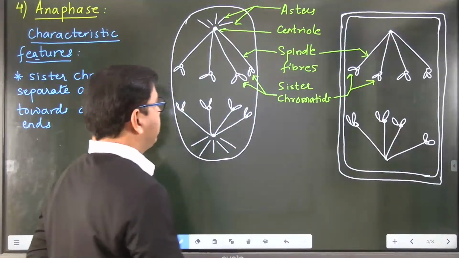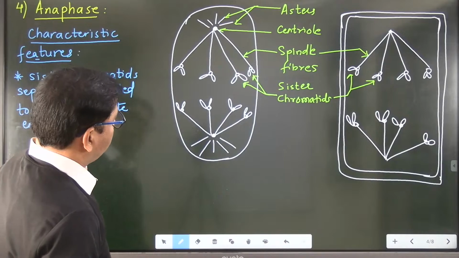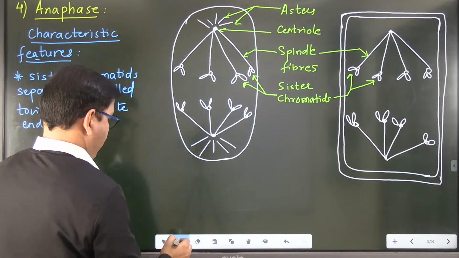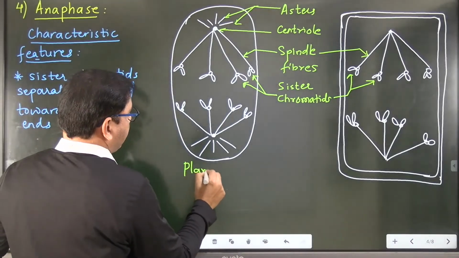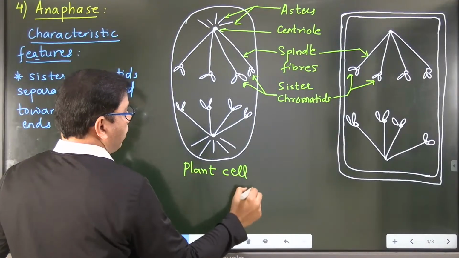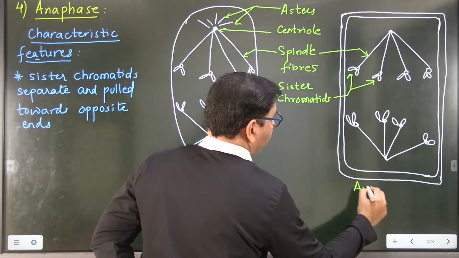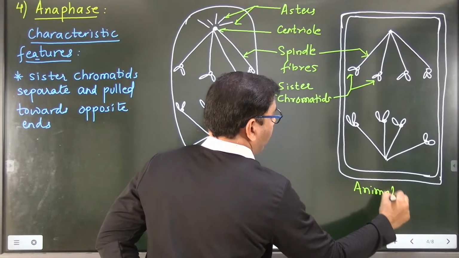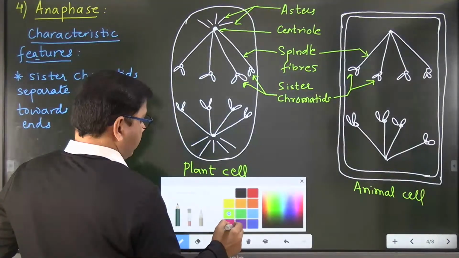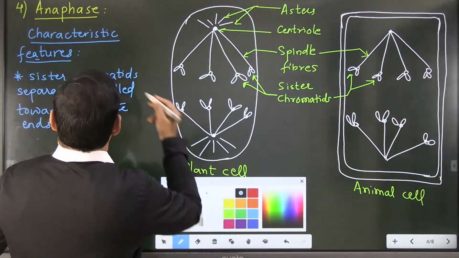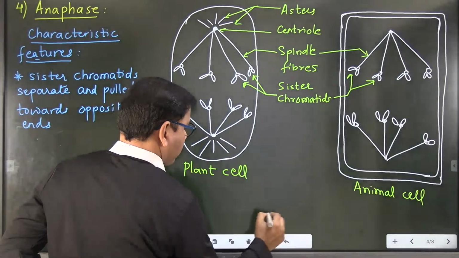Arrow will be towards the part, right? Plant cell, use pencil for labeling and not pen. Animal cell, and the title is anaphase.